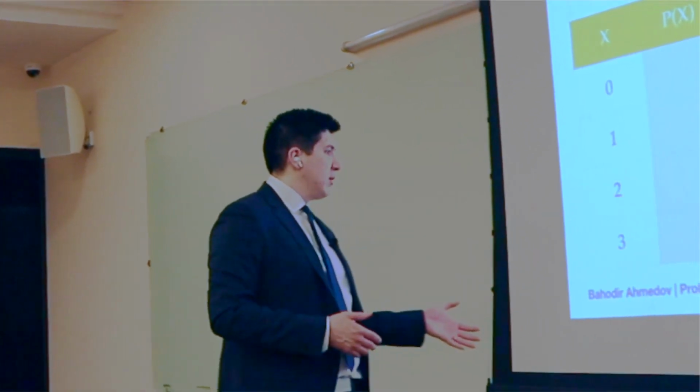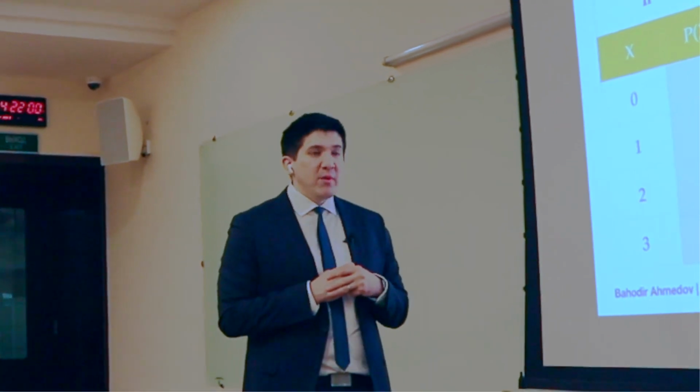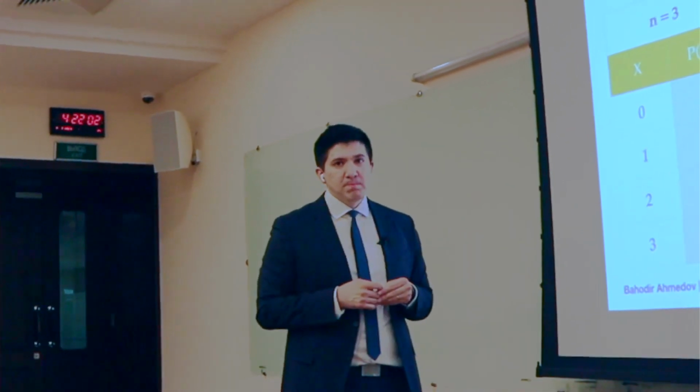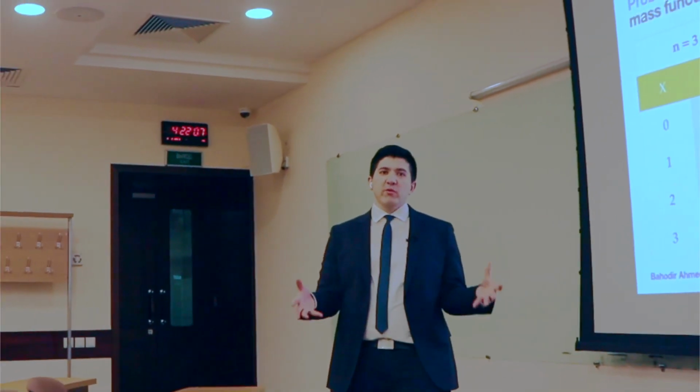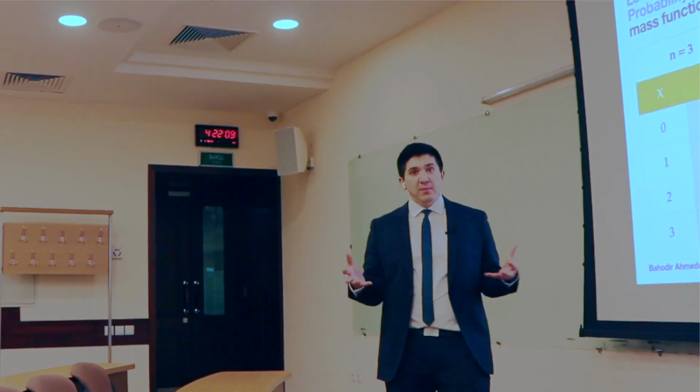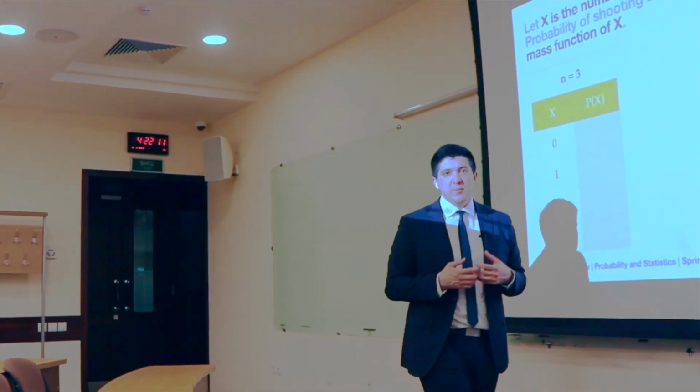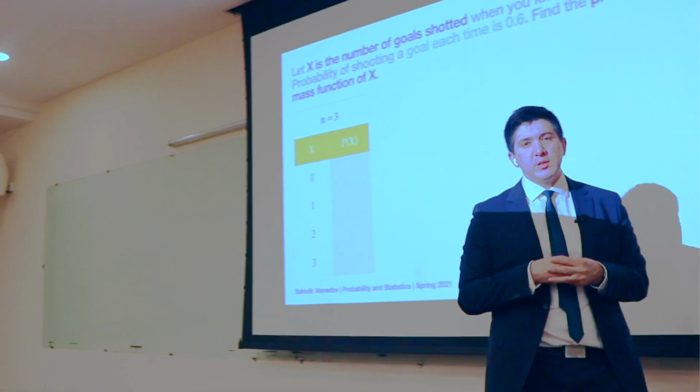This is going to be our random variable, and what we would like to do is get the probabilities. By solving this problem, I would like to figure out the general formula for finding the probabilities in binomial distributions, or essentially the mass function for the binomial distribution.